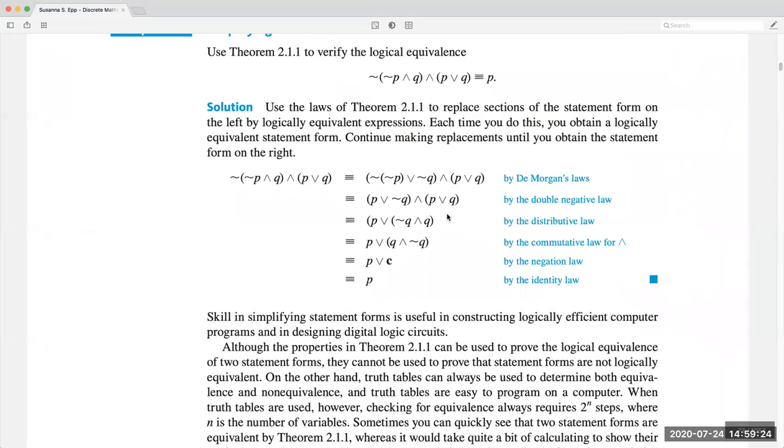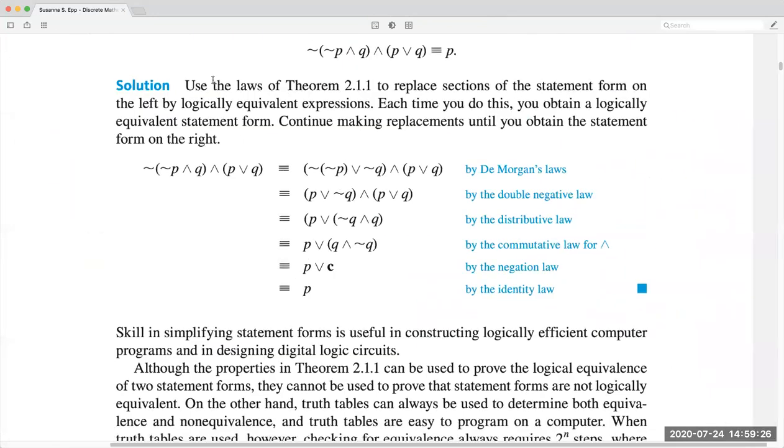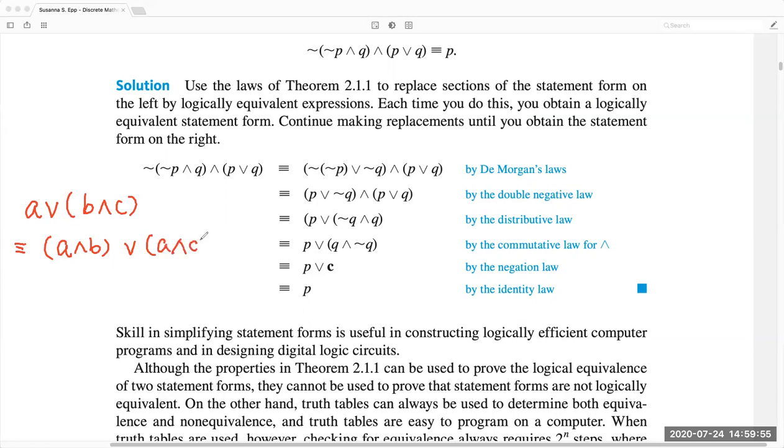So they use the distributive law. So let me write down the distributive law for this one. If A or B and C, this is equivalent to A and B or A and C. Oh, sorry.